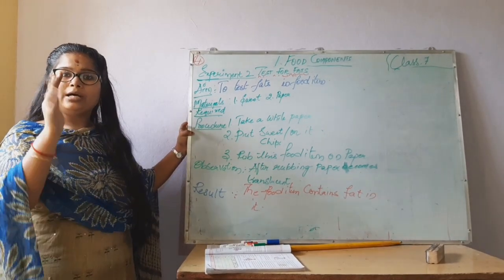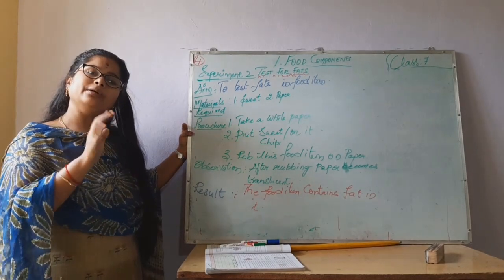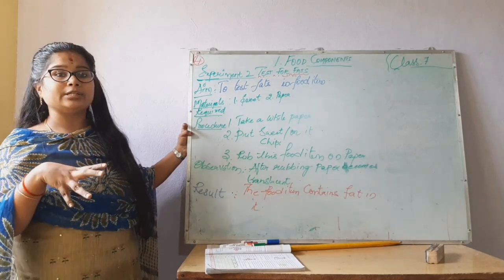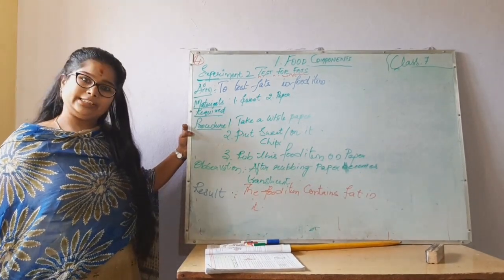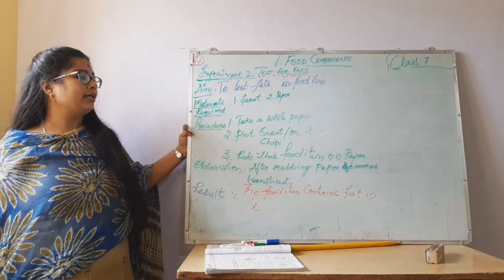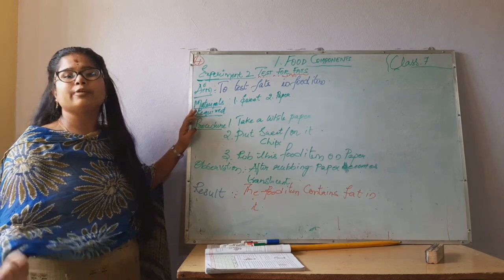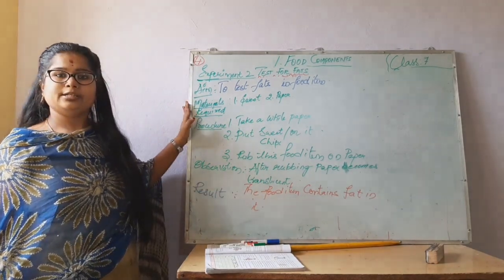Just take a paper, rub the food item you want to test on it, and if the paper turns transparent, you can say the food item contains fat. I hope you are very clear. To remember: only the paper and any food item are enough, and transparent is an important word you have to use.